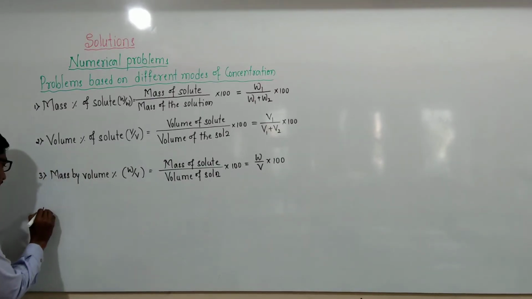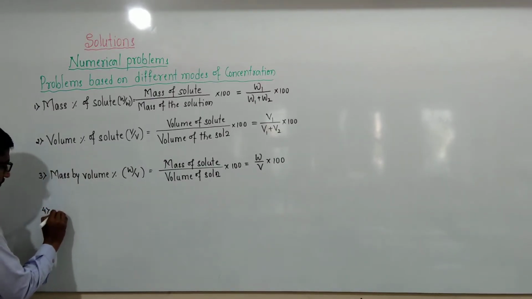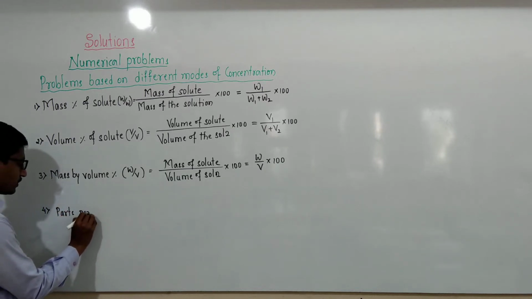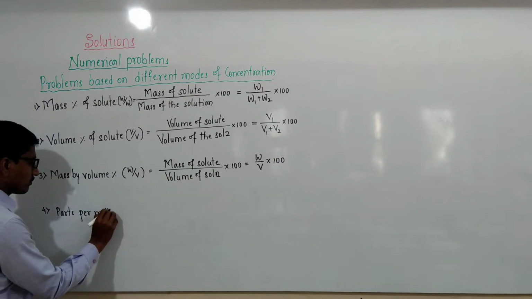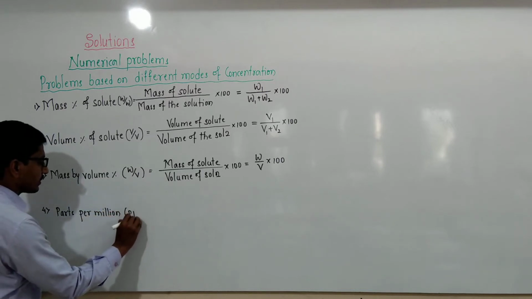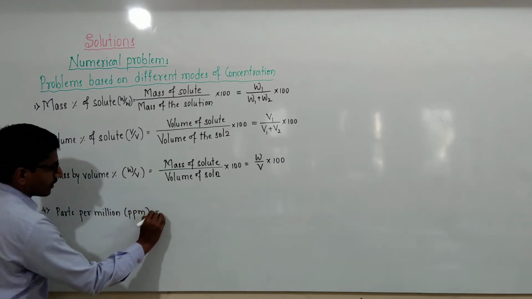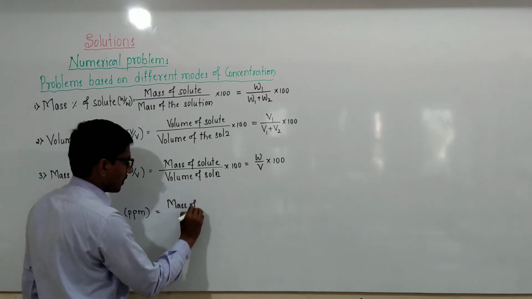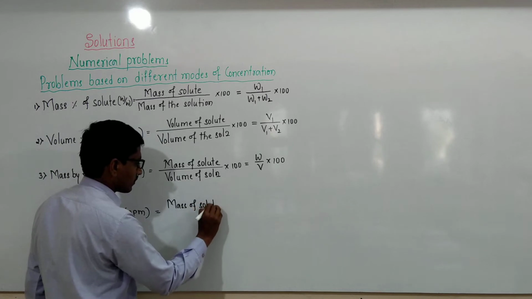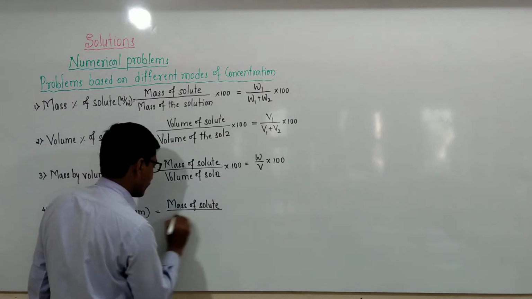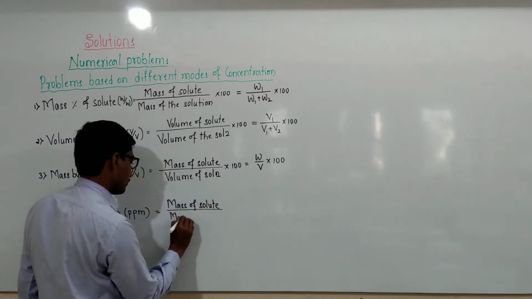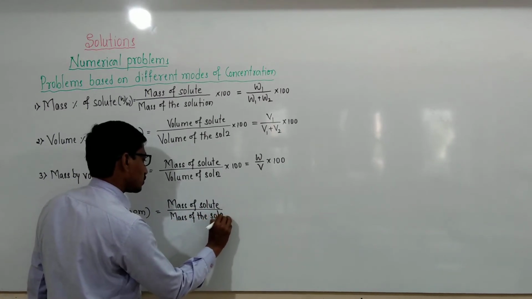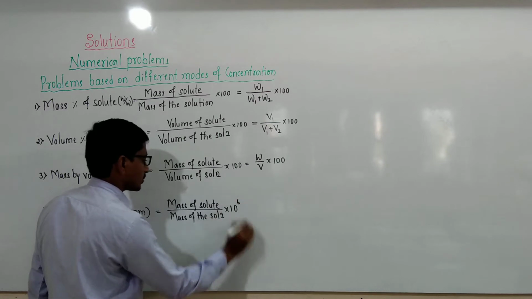Next is parts per million. It is represented as ppm. It is equal to mass of solute divided by mass of the solution into 10 raised to 6.